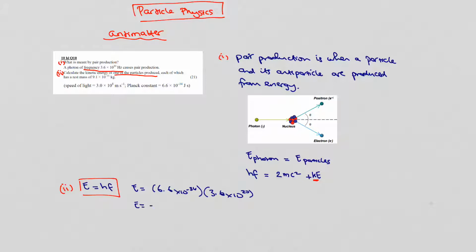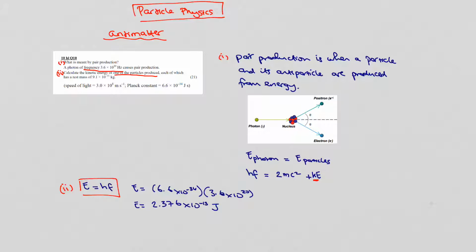That gives us an energy of 2.376 by 10 to the power of minus 13 joules. This energy is going to be converted into the mass to make the two particles, the particle and the antiparticle.